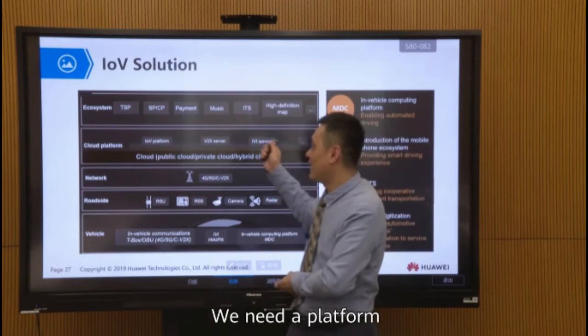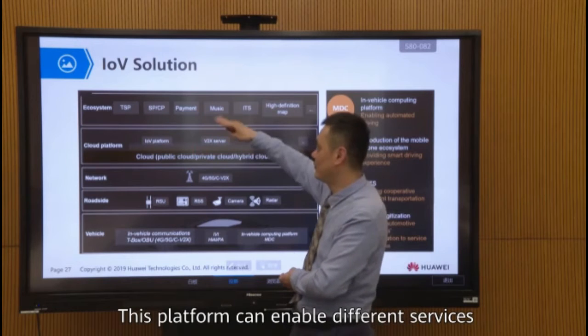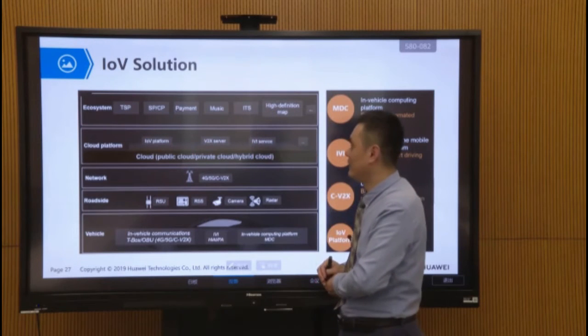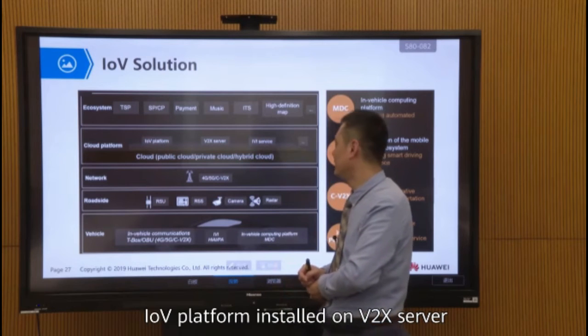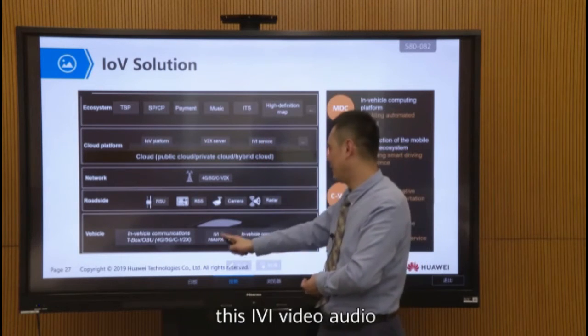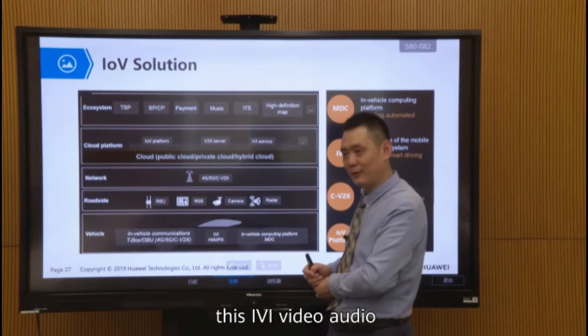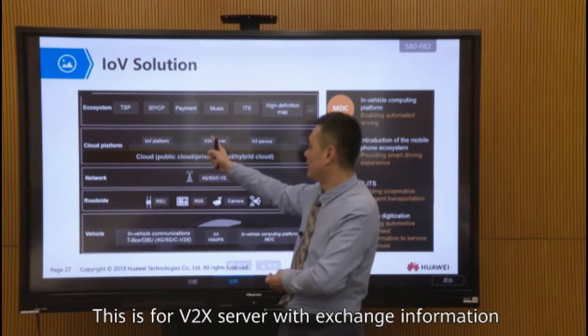And we need a platform. This platform can enable different services. The IoV platform installed on the V2X server, and IVI service. IVI is just for video, audio, entertainment, or some information. And this is for V2X.